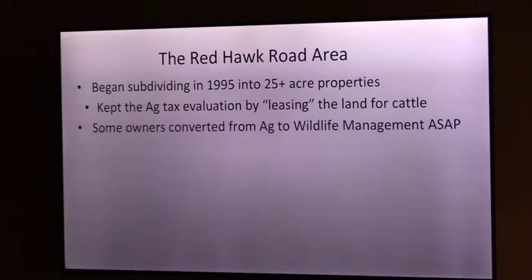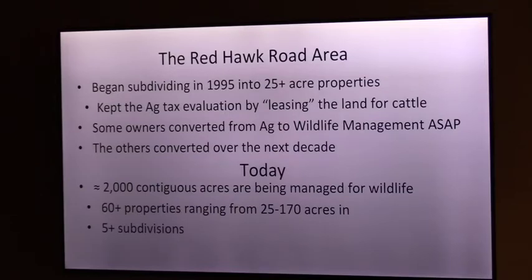Some of the owners, like Larry Calvert and then Siri and Susan and Lewis and others, fairly quickly converted to wildlife management. Others converted over the next decade. The point is, this wasn't a concerted effort. This wasn't people going door to door saying, please, please, please go on wildlife. This was just setting the example, letting the other people see it.